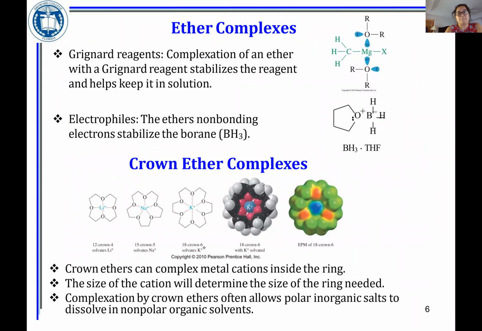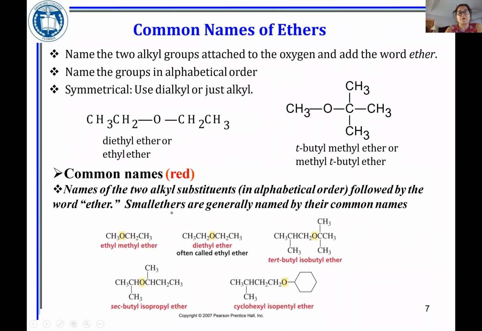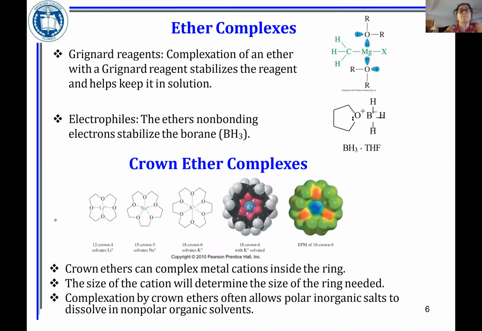Crown ethers, like 18 crown ethers. I think one of the questions was asking what's the name of this compound. So it's the 18 crown 6, the ether that you have here. It can solvate, or surround or stabilize cations.